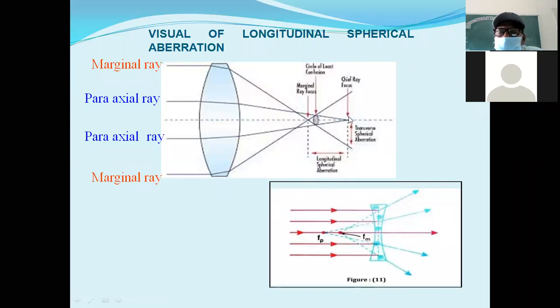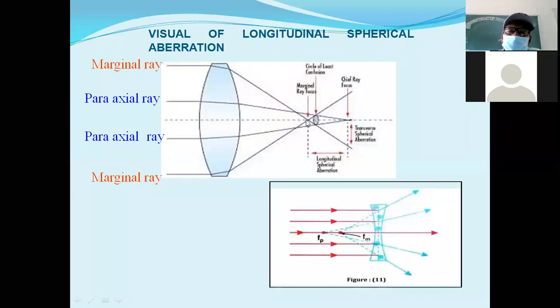See, when the screen is placed at this point, where the paraxial rays meet, the intensity at the center of the disk is very high and its intensity decreases as we go towards the edges.